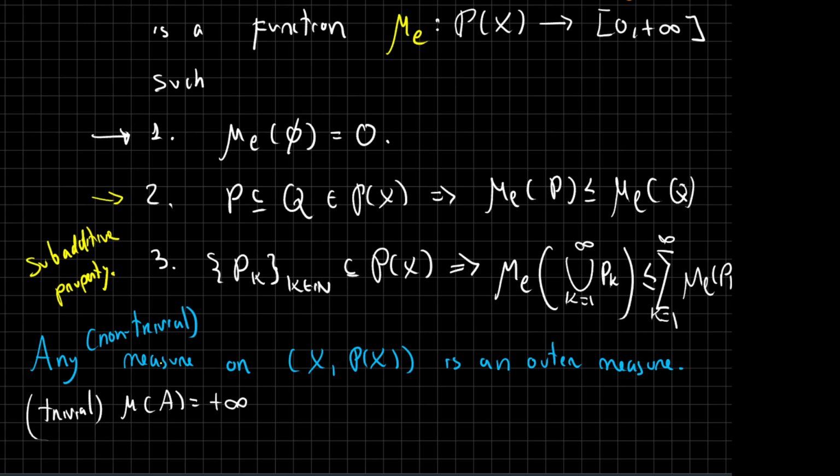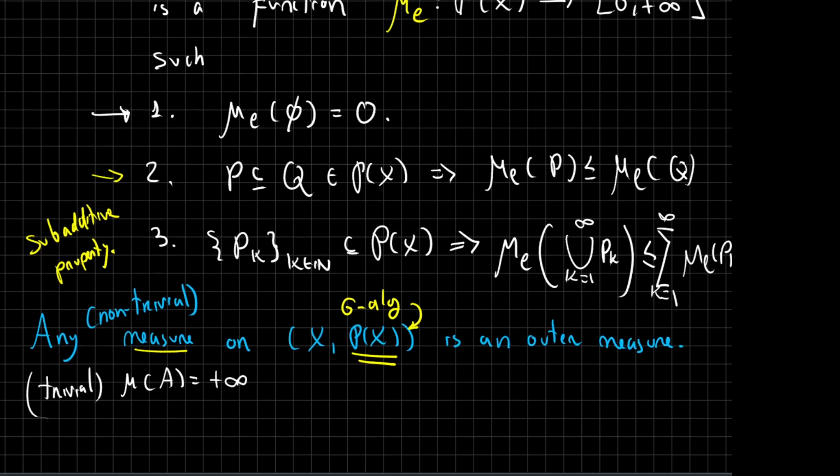So any measure that is defined on this sigma algebra is an outer measure. Many measures won't be outer measures because the sigma algebra is some proper subset of the power set. So when that happens, we won't have an outer measure.